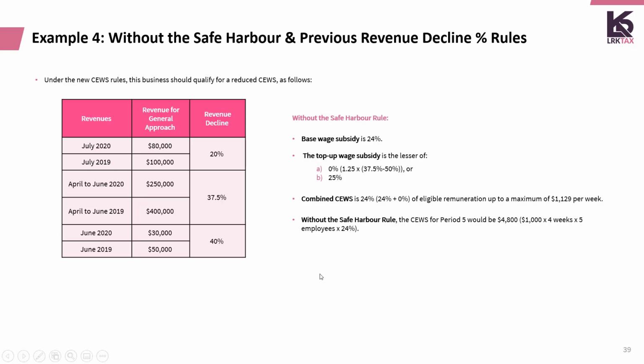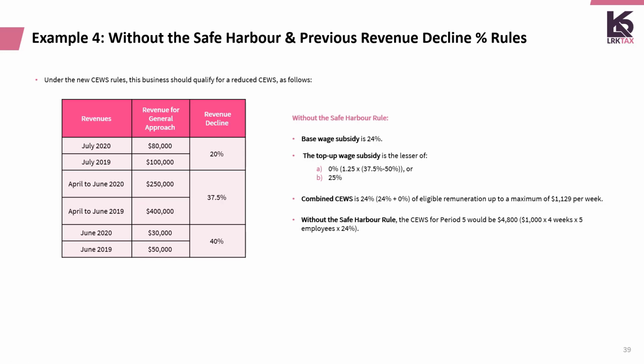So in the month of June, there was a revenue decline of 40%. In this particular case, this 40% decline can now be transferred to July period 5. So in essence, the revenue decline for July could be 20% or could be 40% if you apply this previous revenue decline concept rule.